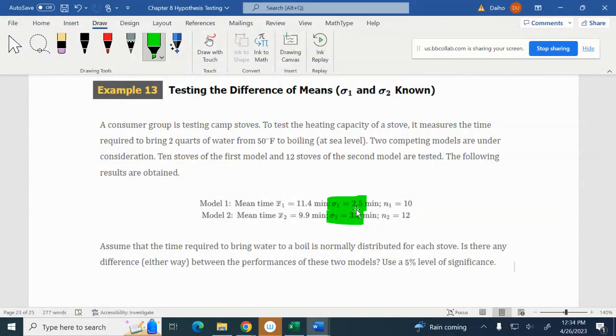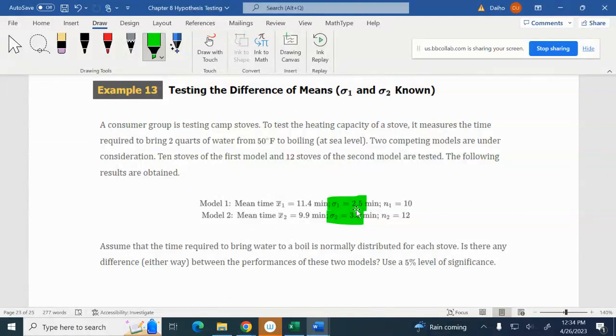And now here we have two models for testing a camp stove, to test the heating capacity, right? And they measure the time required to boil 2 quarts of water from 50 Fahrenheit to the boiling point, right?